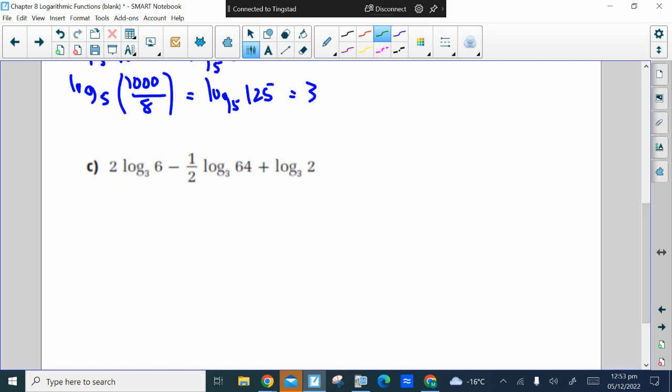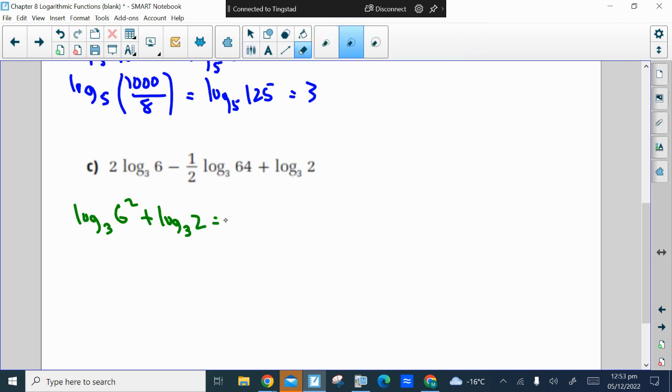For question C, I would probably rearrange those last two terms. But as I'm doing that, I'm going to use the power law for that first term. And the same thing with the last term, minus log base 3 of 64 to the 1/2.